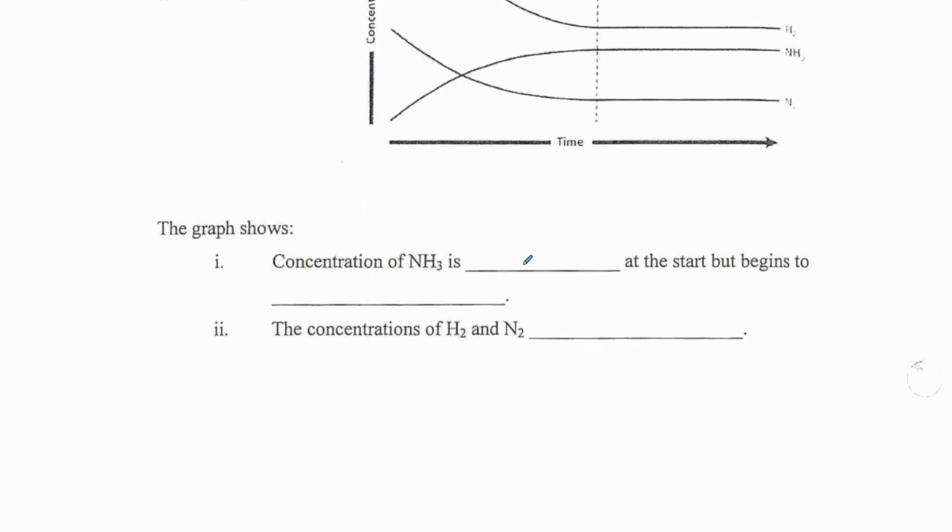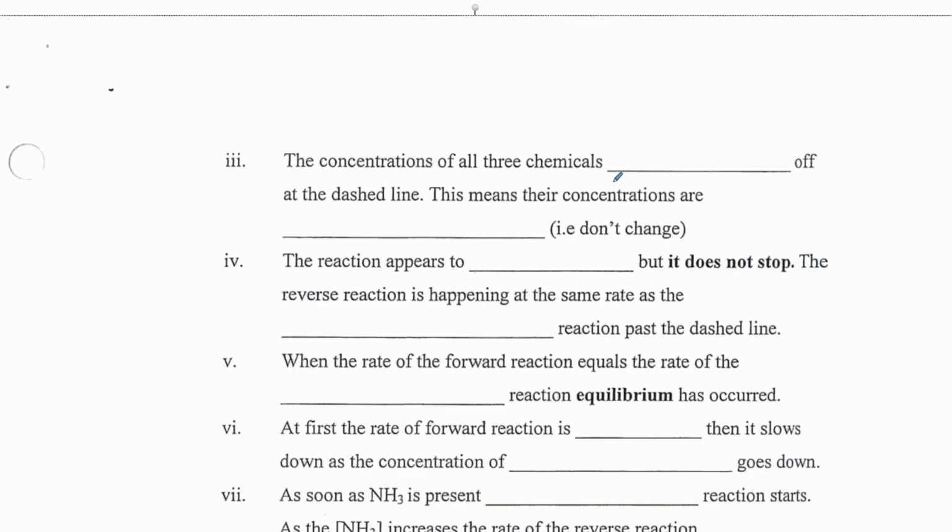The graph shows the concentration of NH3 is low at the start, but begins to increase. The concentrations of H2 and N2, the reactants, decrease. The concentrations of all three chemicals level off at the dashed lines.